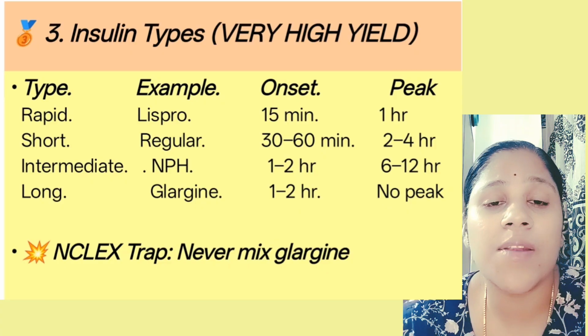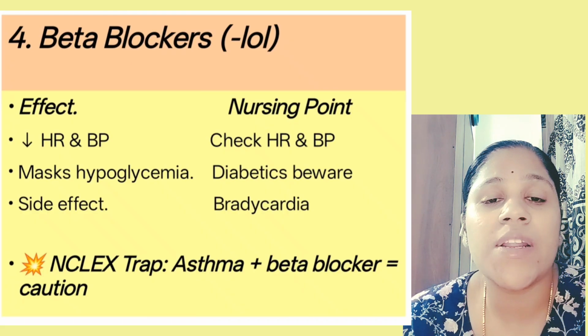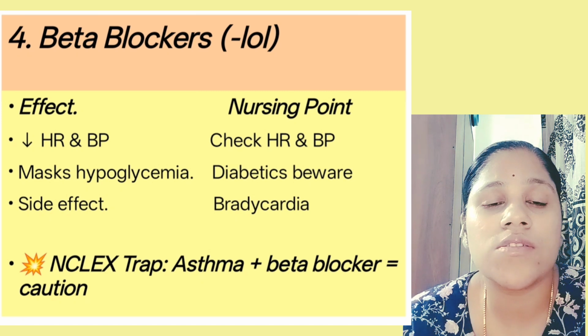The next important drug class being tested is the beta blockers. Yes, ending with -lol: metoprolol, propranolol, all these drugs come under beta blockers. And the effect here is that it decreases the heart rate and the BP. So the nursing point we need to monitor here is to check the heart rate and the BP of the patient before administration of the drug.